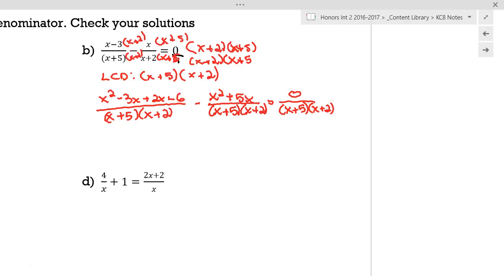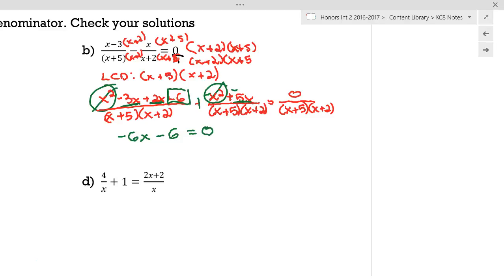Now I'm going to do two steps at once. I'm going to combine my like terms, but I'm also going to get rid of my denominator, since they're all the same. So now I'm just focusing on my numerator. I'm going to make this a plus, negative, negative. x squared minus x squared, those are opposites. I have negative 3x plus 2x minus 5x. I believe that gives me a negative 6x. Then I have negative 6, so minus 6 equals 0.